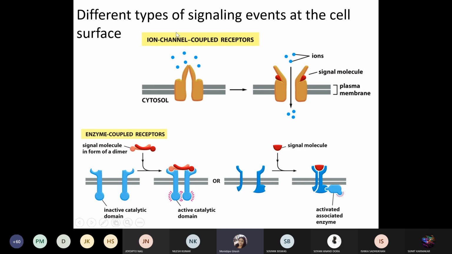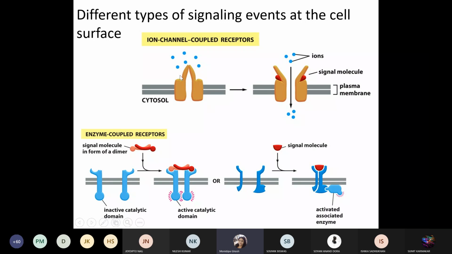So if you go through the ion channel coupled receptor, you can have a look at two different protein-composed receptor molecules. This is the cytosol, the cytoplasmic portion inside the cell, and this portion is outside the cell.